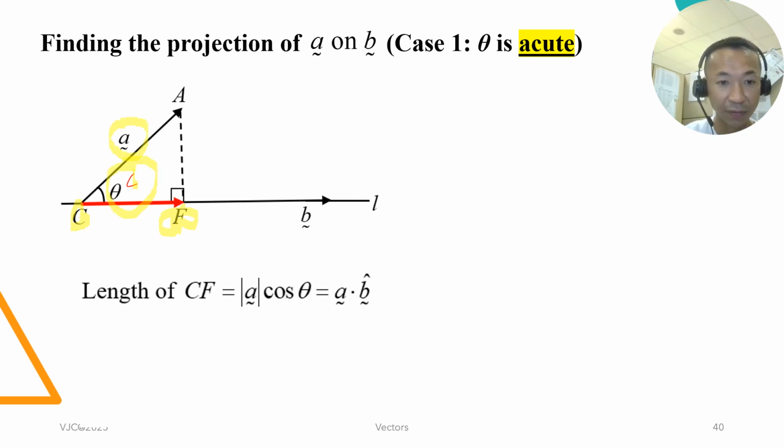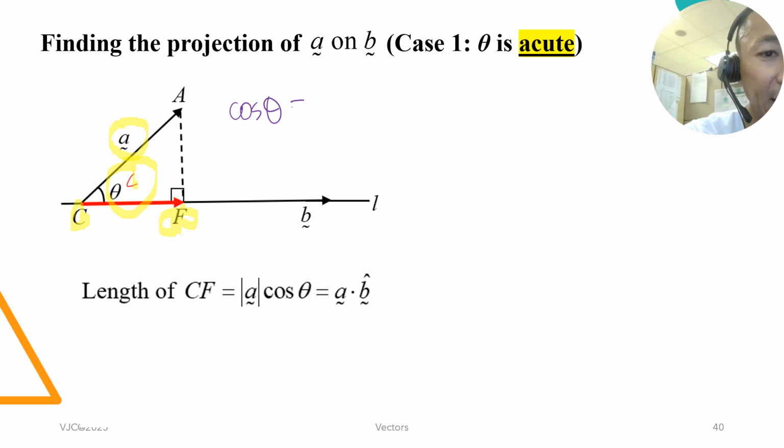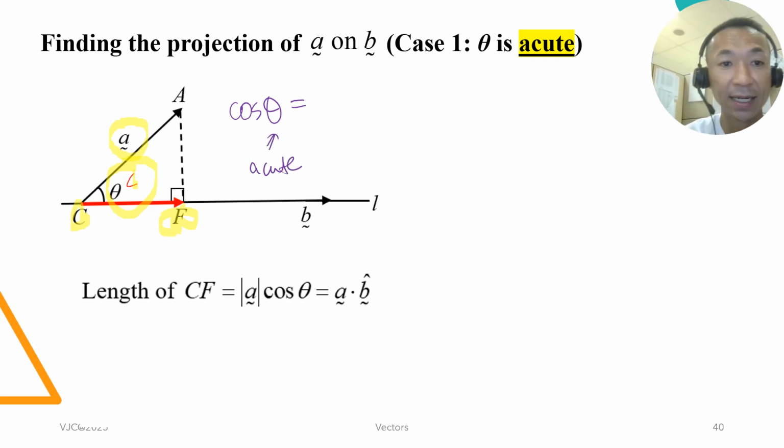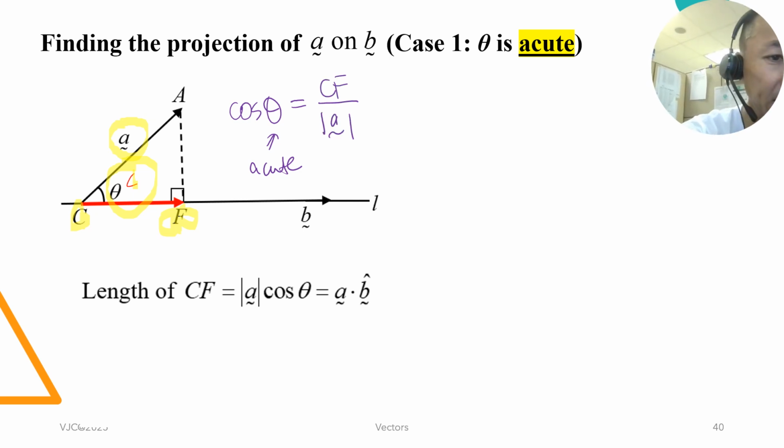I know you are familiar with this: if I draw cosine theta, where theta is acute, cosine theta is adjacent, which is CF, over hypotenuse, which is modulus of A. Therefore CF is just modulus A cosine theta.